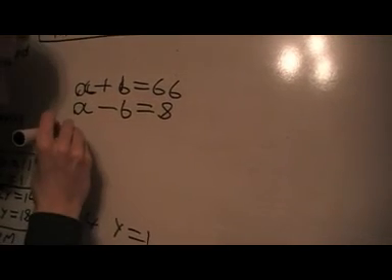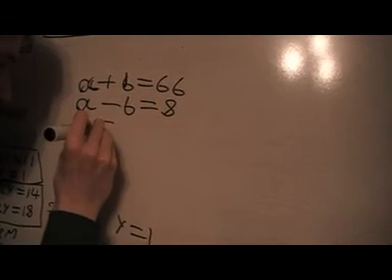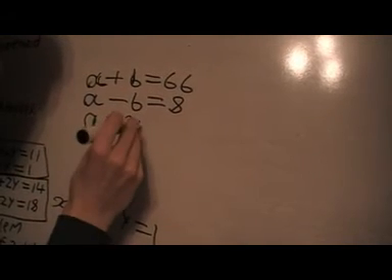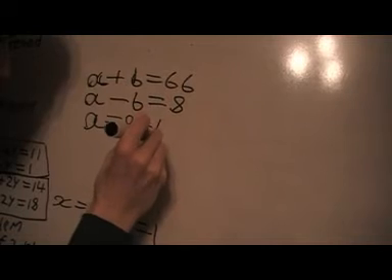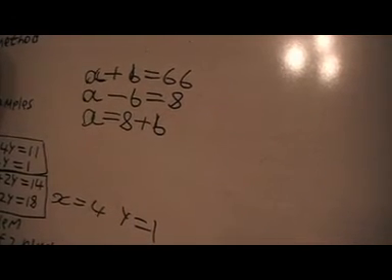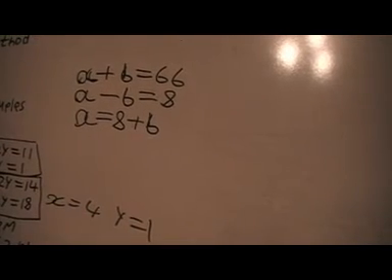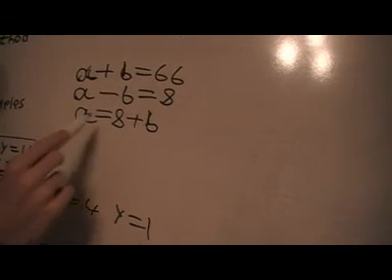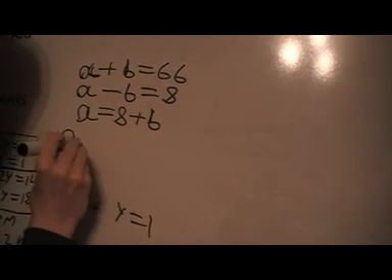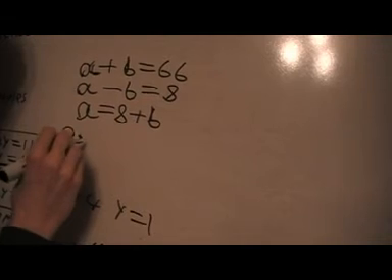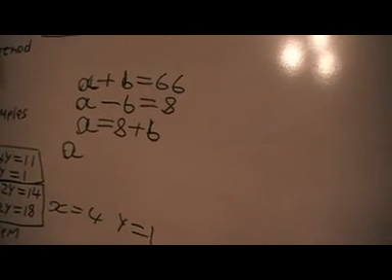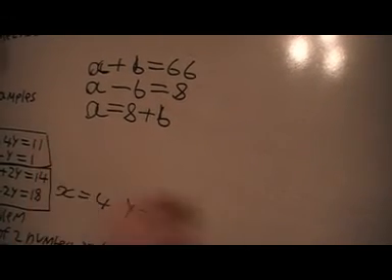And basically what I'm going to do is I'm going to say A equals 8 plus B, and then what I can do now is substitute 8 plus B for this part.